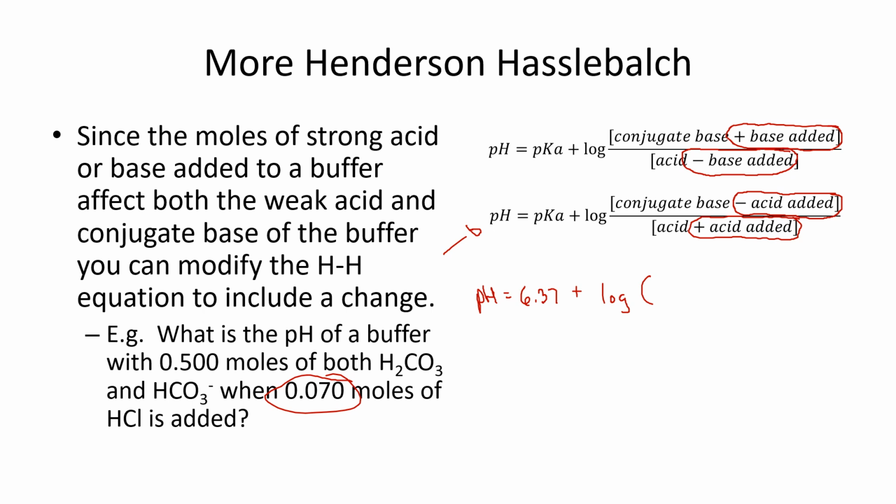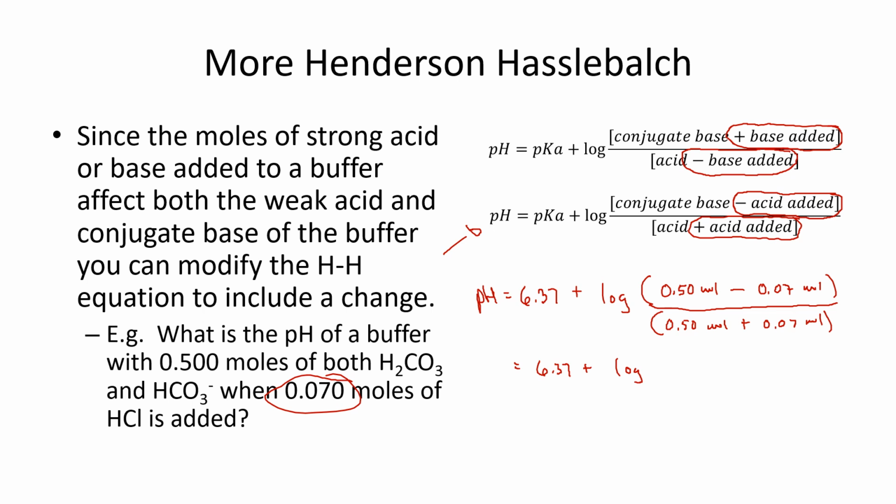So we have 0.50 moles of the base and the acid. So the base is going to lose the amount of acid added, which is 0.07 moles of the acid. And then the acid is going to gain that same amount. So we're going to have 0.50 moles of this, plus the amount of strong acid added. And so then that's 6.37 plus the log, and then we'll work these values out.